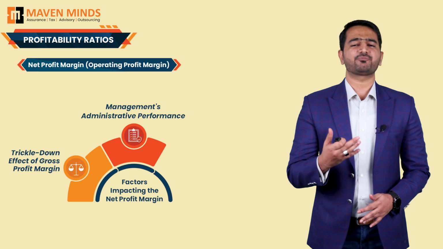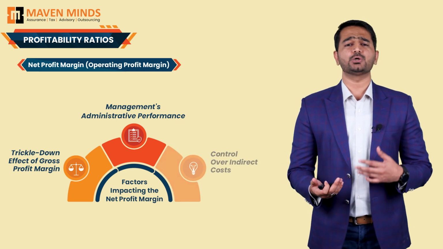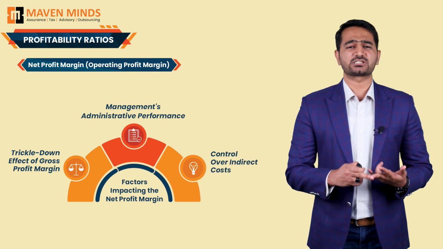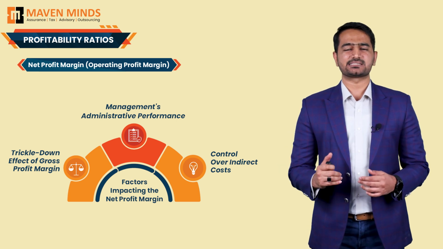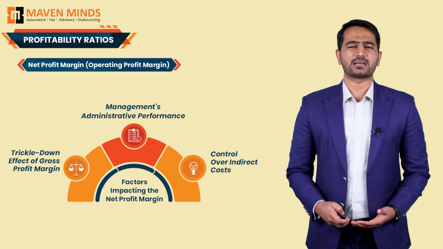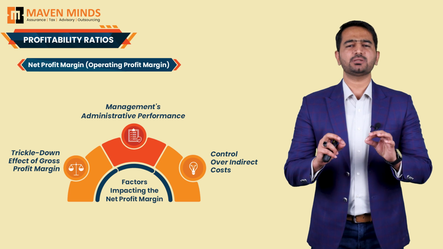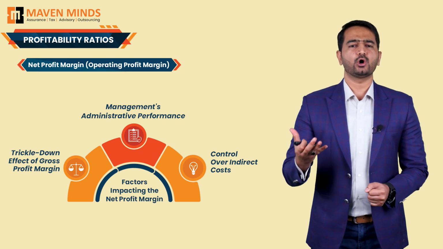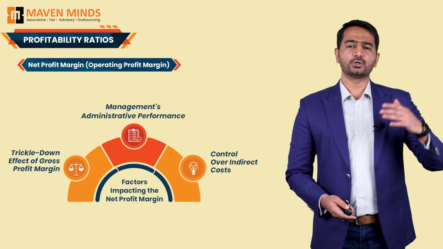An increasing net profit margin suggests that management has successfully controlled or reduced indirect costs such as selling expenses, general and administrative expenses. However, if net profit margin declines, it may indicate poor cost control, increased operating expenses, or inefficient administration.